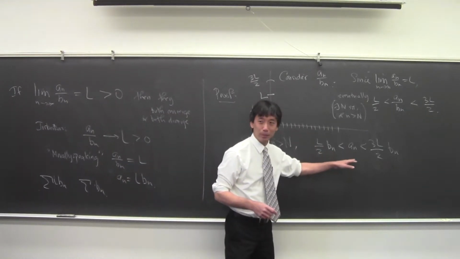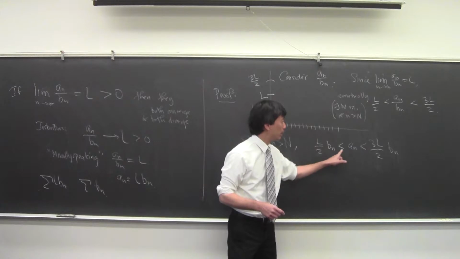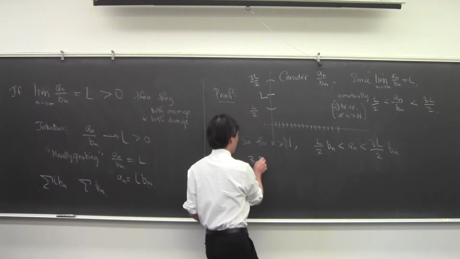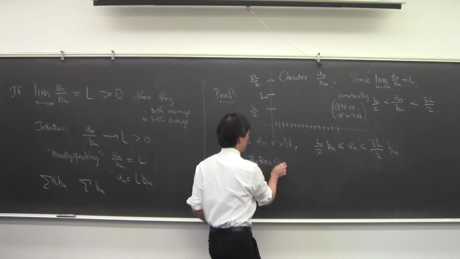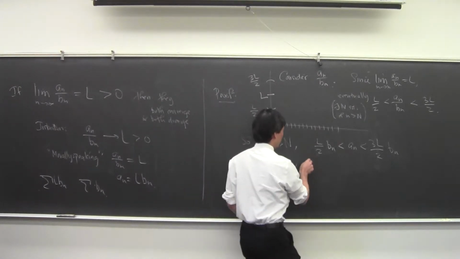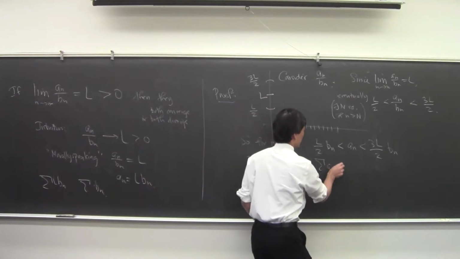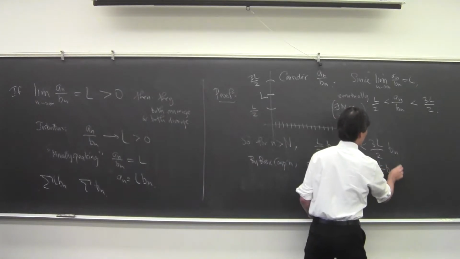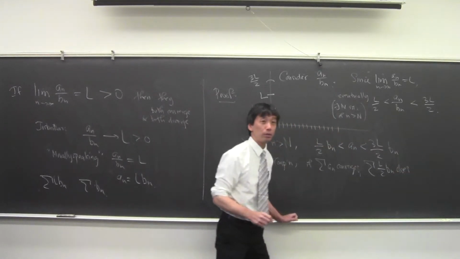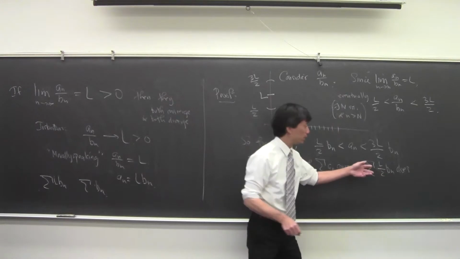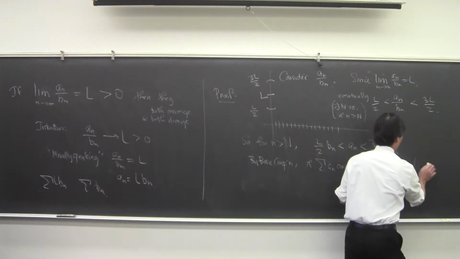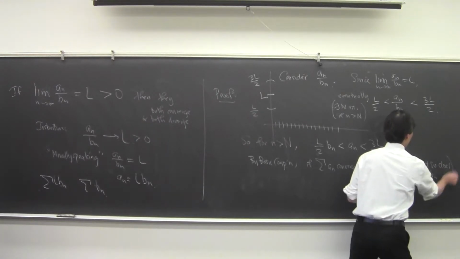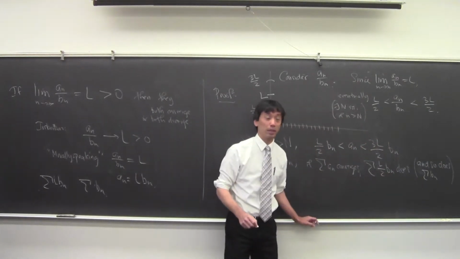So what happens? Well, this guy is a bigger sequence than that guy. So by basic comparison, if summation A sub n converges, then summation L over 2 B sub n does. But if summation L over 2 B sub n does, so does summation B sub n, because it's just some constant times that guy.